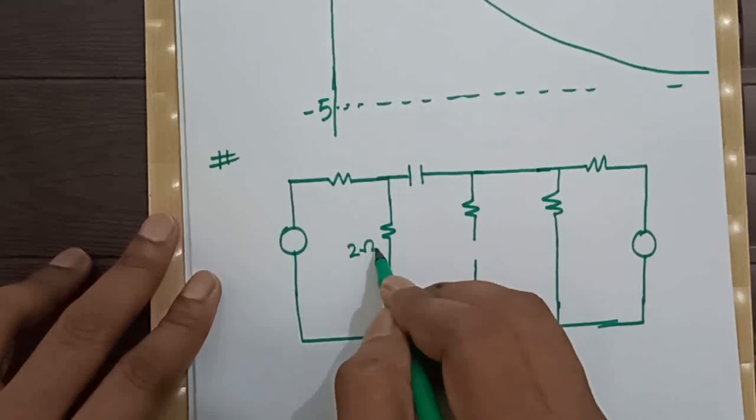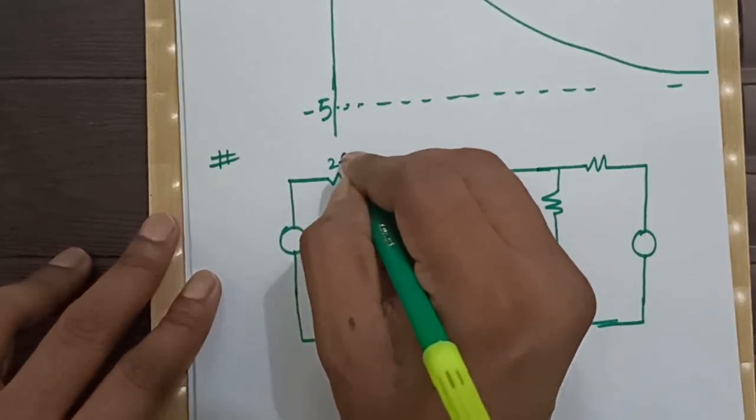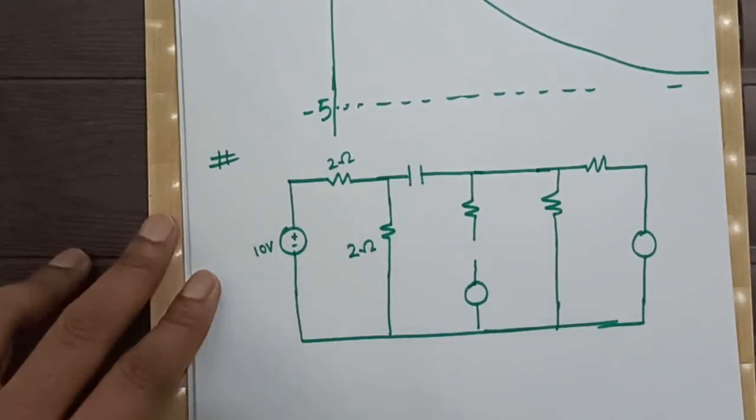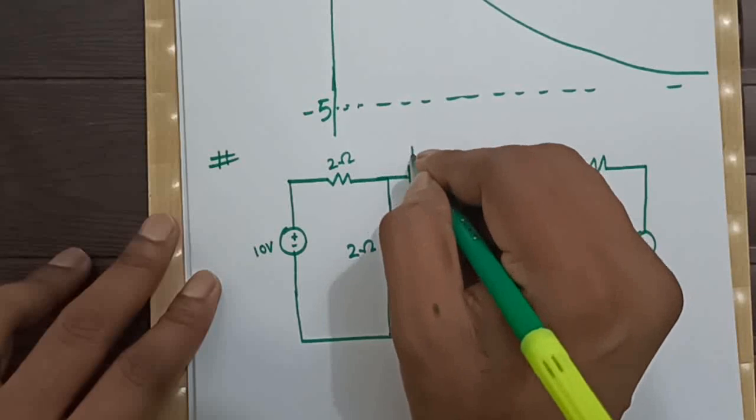This is 2 ohm, this is also 2 ohm, this is plus or minus 10 volts, this is 1 farad.